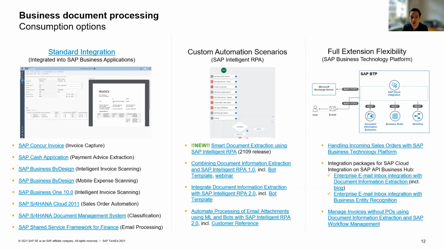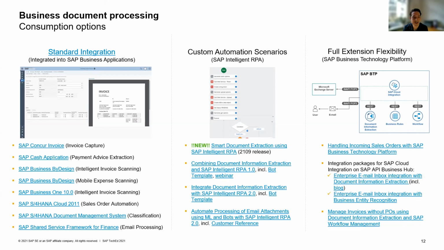I wanted also to share with you some other possible options that you can consume these services already today. So first of all, our aim is to integrate AI business services into our SAP standard business applications in order to provide everyday AI to the already existing users of SAP applications.